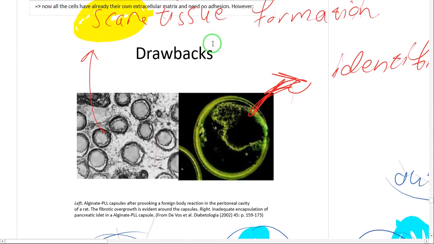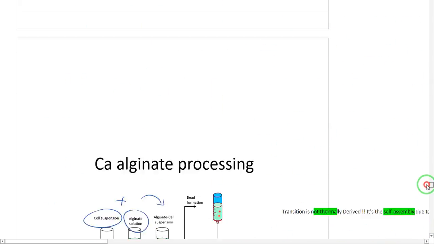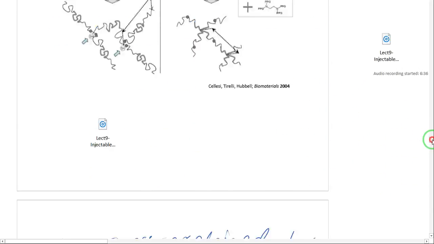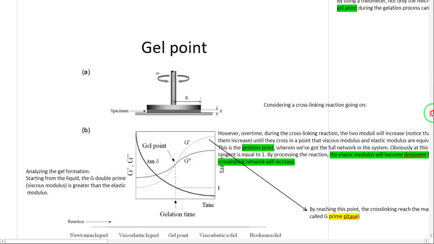Now we want to mention a drawback about this strategy. If you remember, in the matter of encapsulating the cells inside the gels, we talked about the RGD that I'm going to show you now.